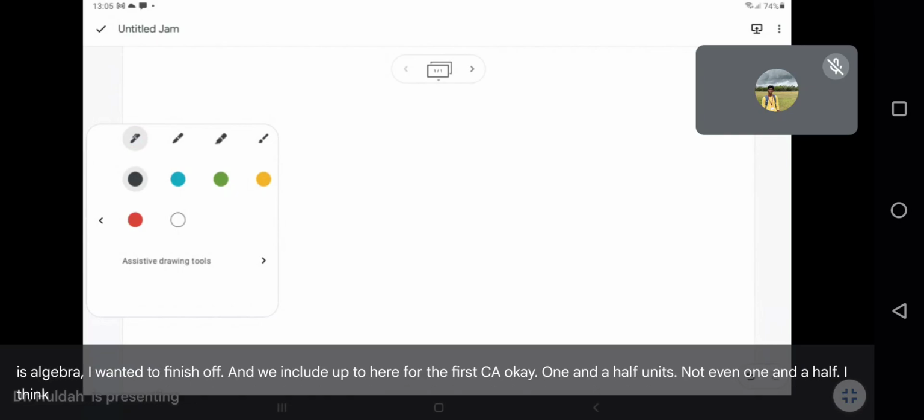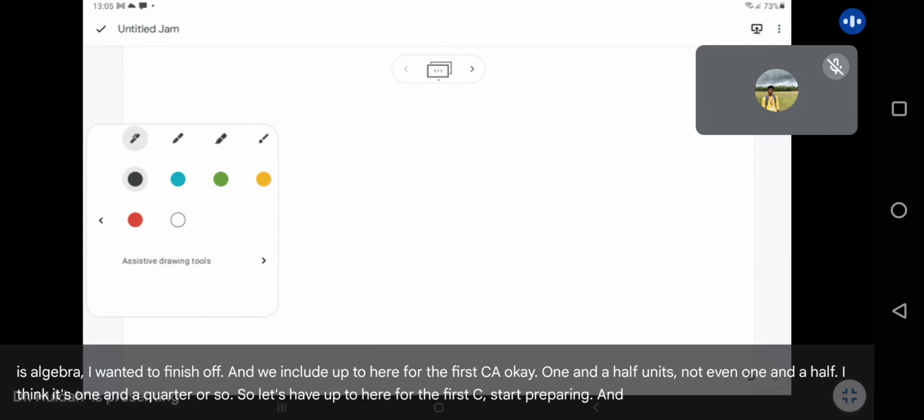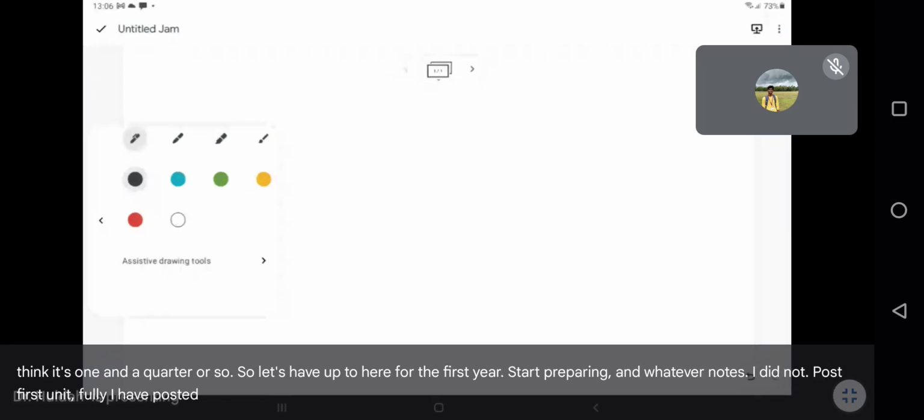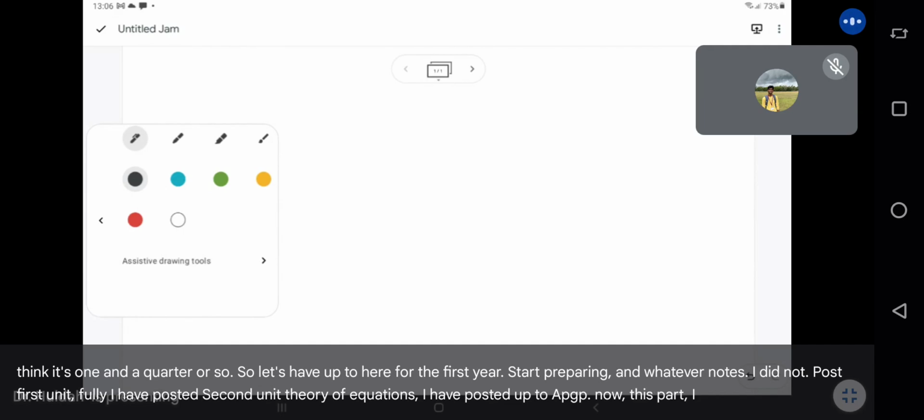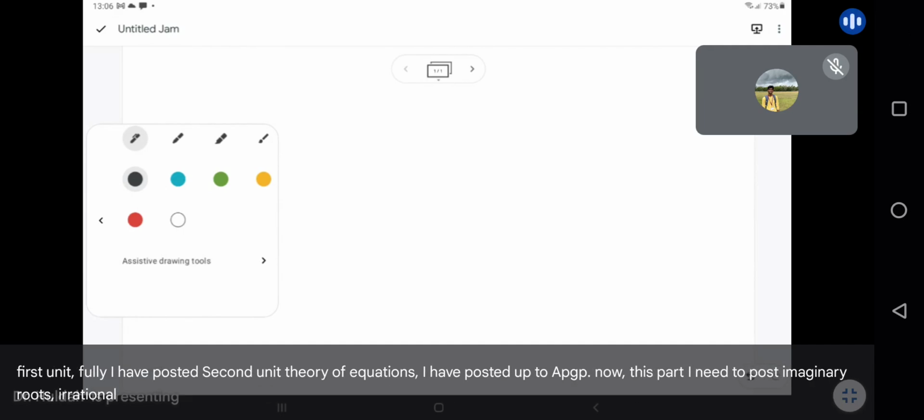I think it's 1.25 or so. So let's have up to here for the first CA. Start preparing. And whatever notes I did not post, first unit fully I have posted. Second unit, theory of equations, I have posted up to APGP. Now this part I need to post. Imaginary roots, irrational roots, and Newton's method together I will post in the GCR.